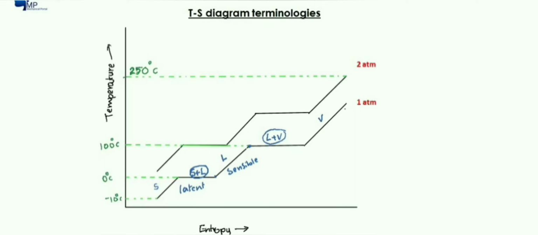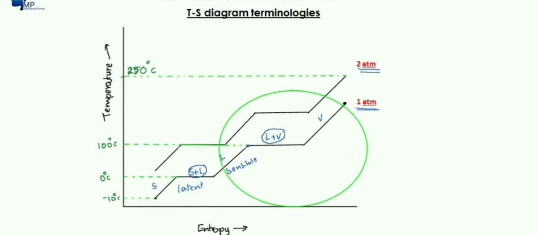Now for different pressures, for different isobars, we have different plots. The variation is different. I am considering this region where the variation occurs between solid, liquid and vapor, these three phases. I have mentioned isobar.